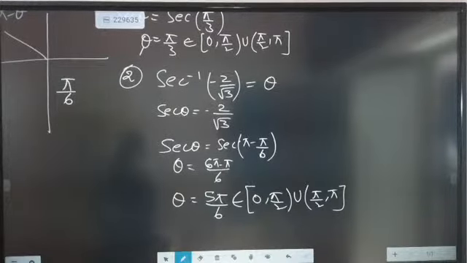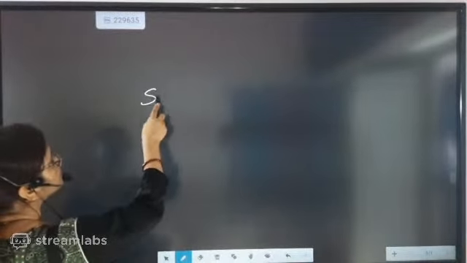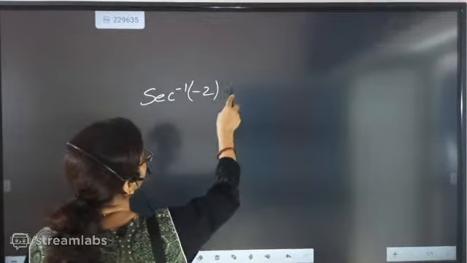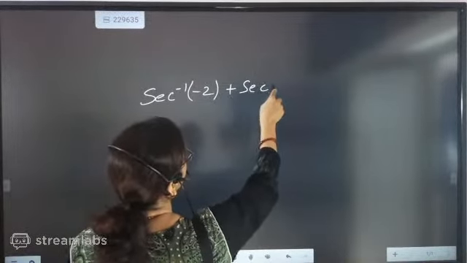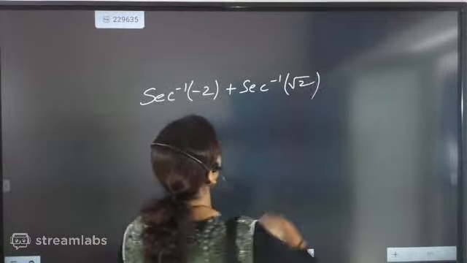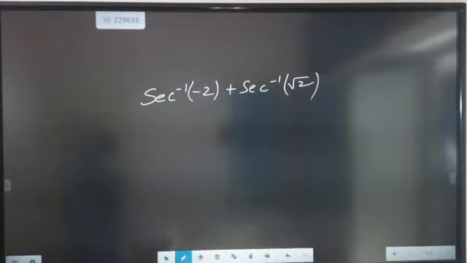Your next question is, you have to find the principal value of secant inverse minus 2 plus secant inverse root 2, and your time starts now. Solve this question, beta. Try this question out.